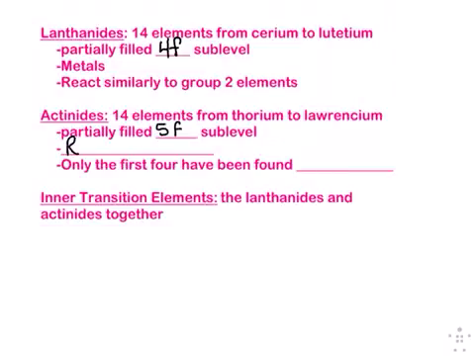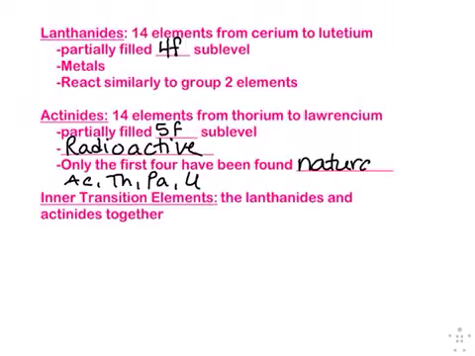These elements are radioactive. Only the first 4, so Ac, Th, Pa, and uranium, have been found naturally occurring. The rest of them in that row have been man-made.